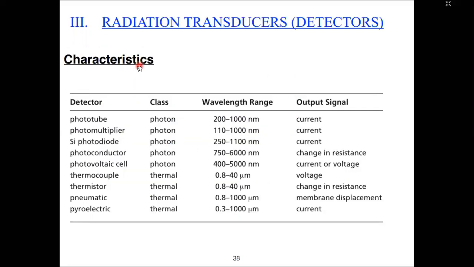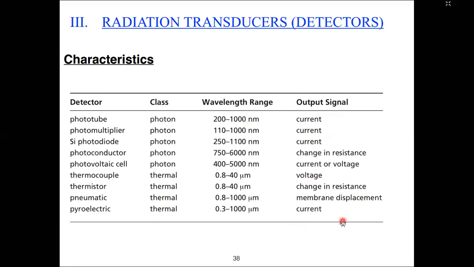So these are the several detectors and their characteristics. There are mainly photon detectors and thermal detectors. This is the wavelength range that they can work in. You should select which detector you want to use for what purpose. And the output signal is current or change in resistance or voltage, or membrane displacement.